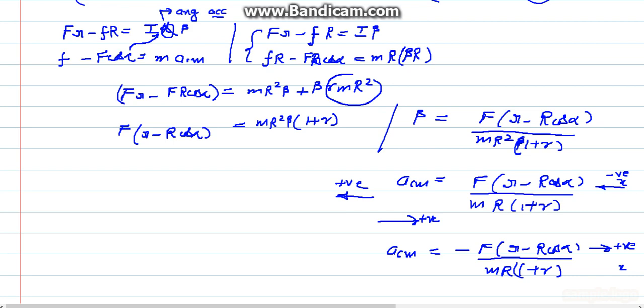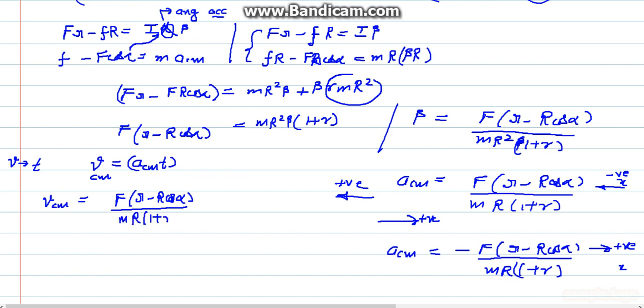And what is the velocity in time t? Velocity of center of mass is equal to acceleration of center of mass into time. The acceleration of center of mass is given as F times R minus r cos alpha upon mR 1 plus gamma.